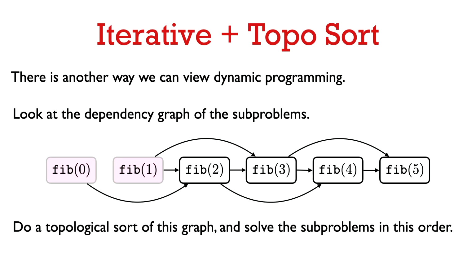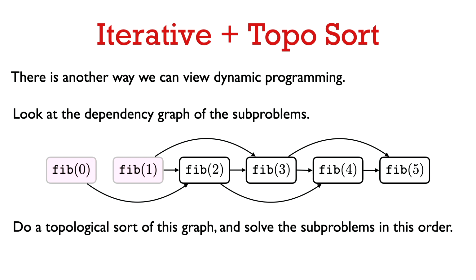There's actually another way that you can view dynamic programming, and that is from the bottom up rather than the top down. We have this recursive top down approach, or we can have an iterative bottom up approach.